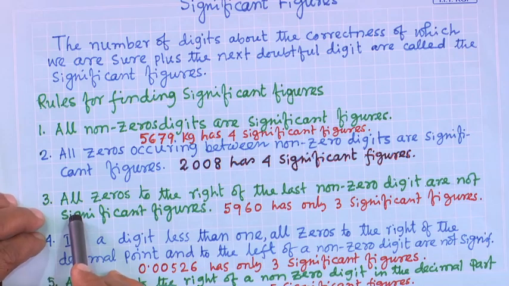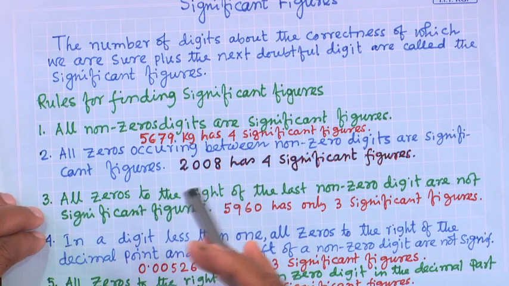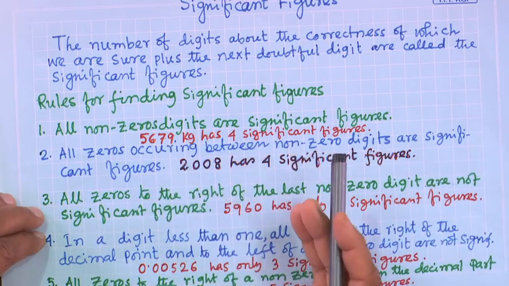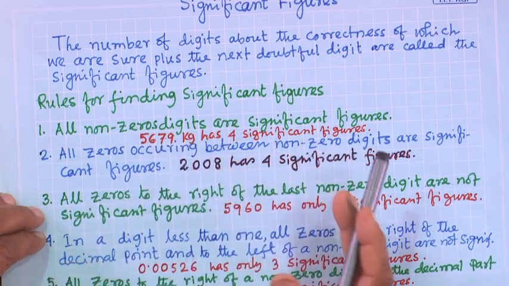Then the third rule is all zeros to the right of the last non-zero digit are not significant figures. So far we have not considered the decimal point.